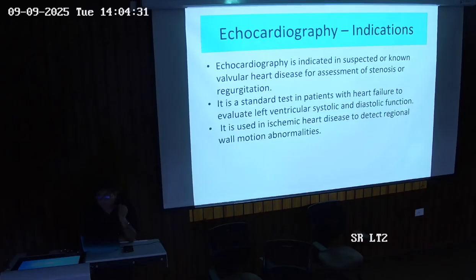Then we have to proceed with the management of ischemic heart disease. So echo is the earliest diagnostic for any ischemic heart disease. But sometimes the ECG is normal and echo is normal, then we have to go for CAG, coronary angiography.